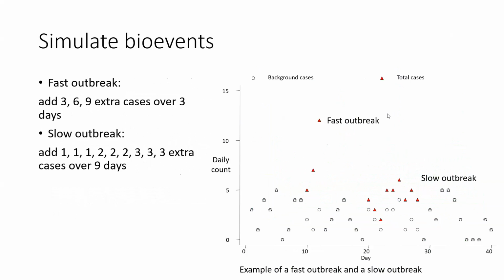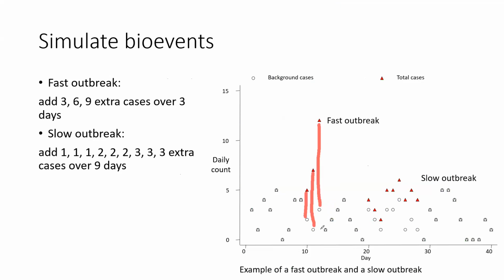Okay, so what we did is we simulated outbreaks. So we assumed that there was no outbreak going on between 1998 and 2001, other than the regular flu season. And then we simulated them. And we had two kinds of outbreaks in mind: a fast outbreak, where we added 3 flu counts on the first day, and then 6 on the second day, and 9 on the third day.